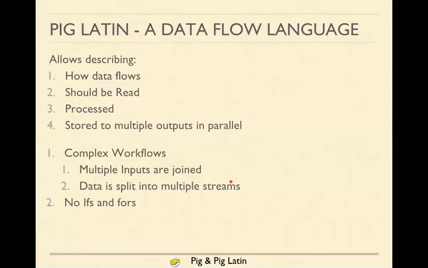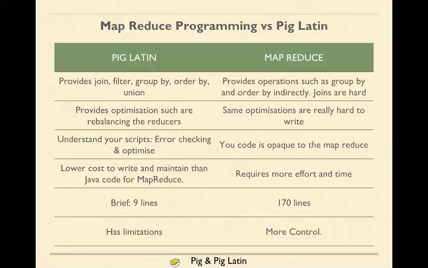Pig Latin is a data flow language in which we write our code. In MapReduce you have a lot of control, while in Pig Latin you have less control. Pig Latin provides high-level constructs just like SQL, like join, filter, group by, order by, union, and so on. So Pig Latin makes life very simple.